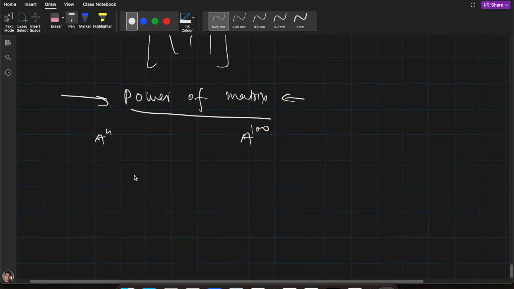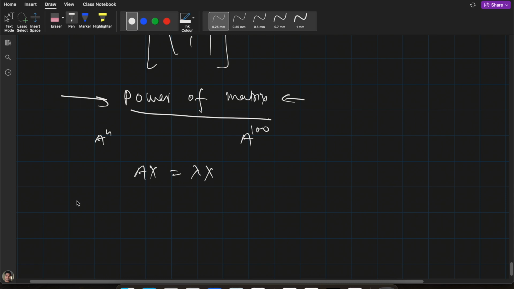How? Let's see. Suppose I have an equation Ax equal to lambda x. Now multiply both sides by matrix A again. You can see that lambda is a scalar, so we can take it outside. Now A squared x equal to lambda times, and in place of Ax you can write lambda x.